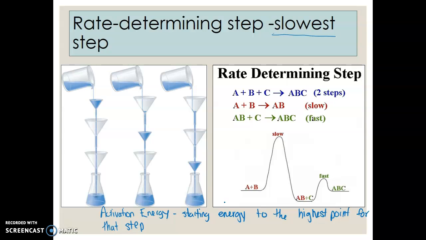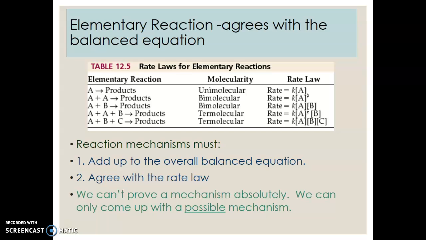You can see the slower step has a higher point, and that is the slow step. The fast step has a lower point, and that goes faster. So an elementary reaction agrees with the balanced equation. Reaction mechanisms must add up to the balanced equation and agree with the rate law.